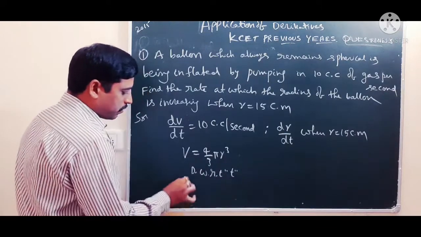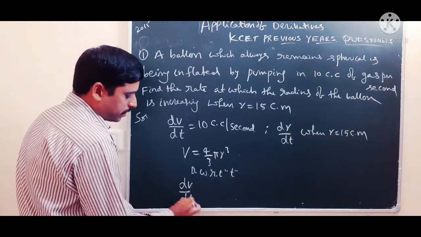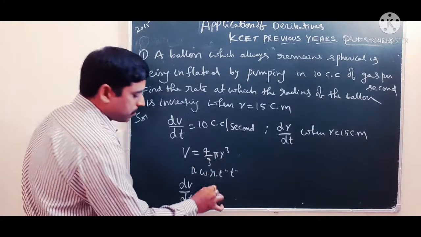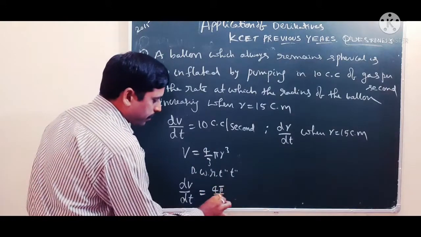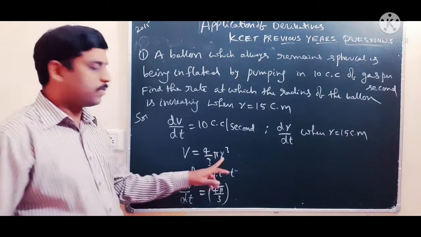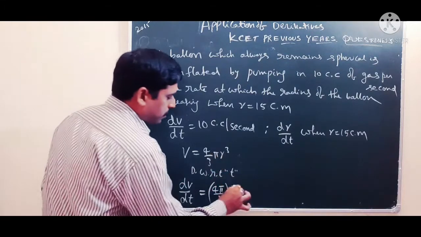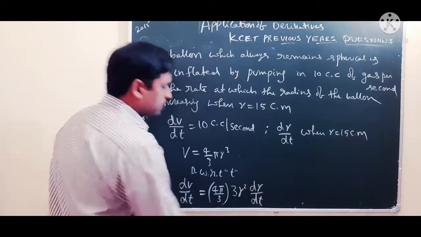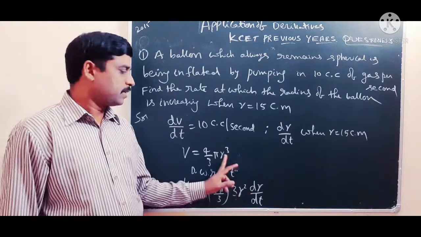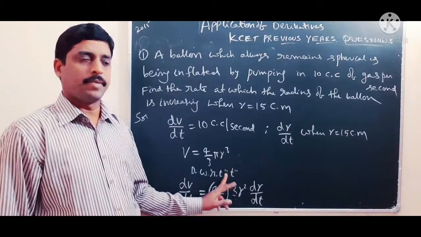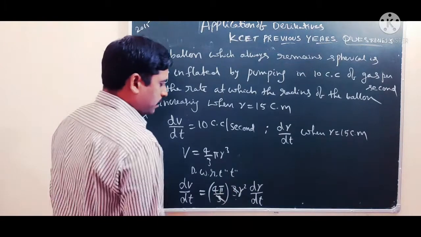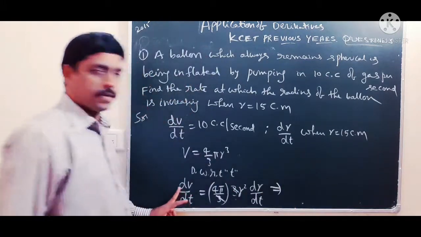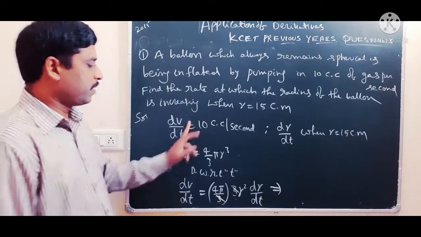The differentiation of V, we get dV by dt, 4 pi by 3 constant. The differentiation of r cube, we get 3r square into dr by dt. 3 gets cancelled. dV by dt value is given as 10.